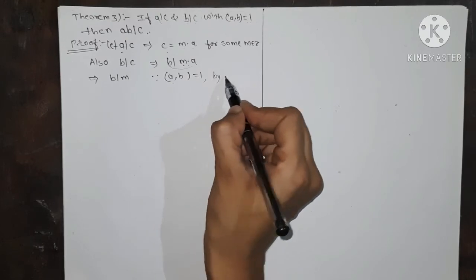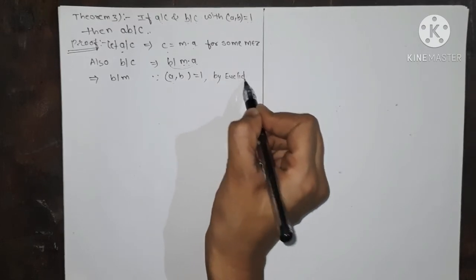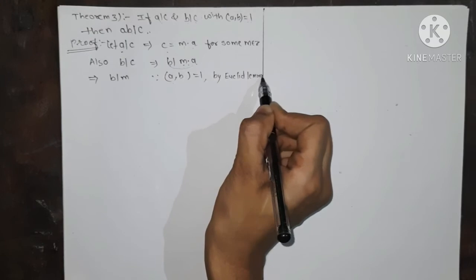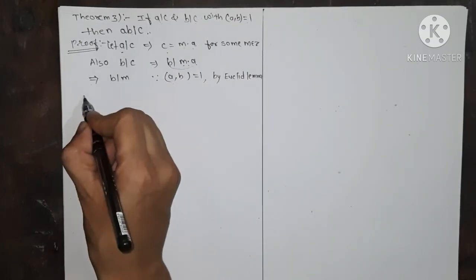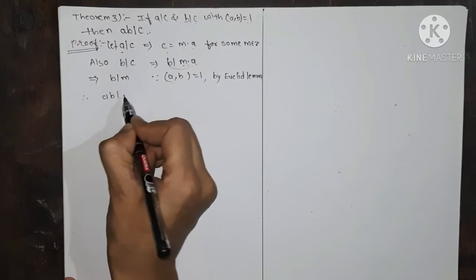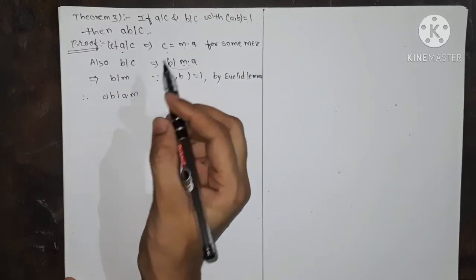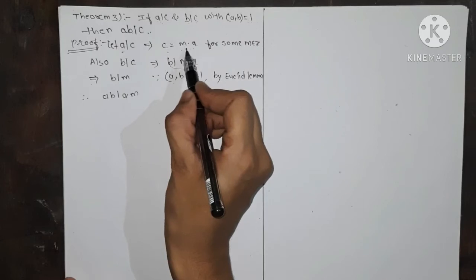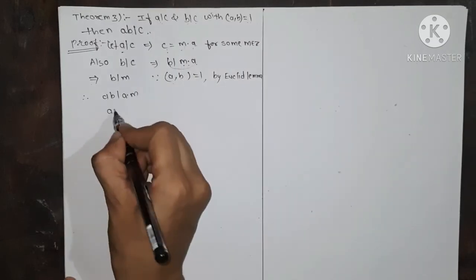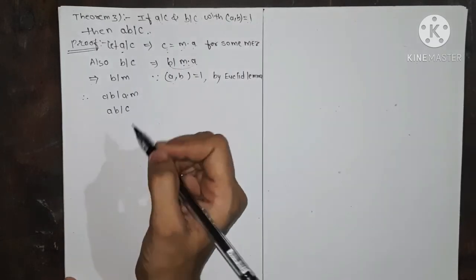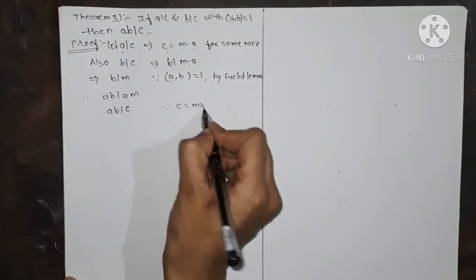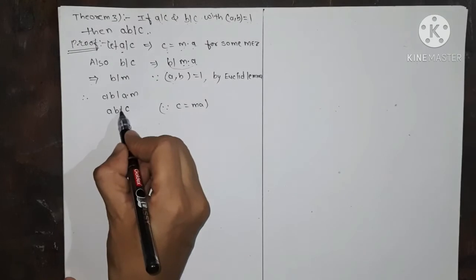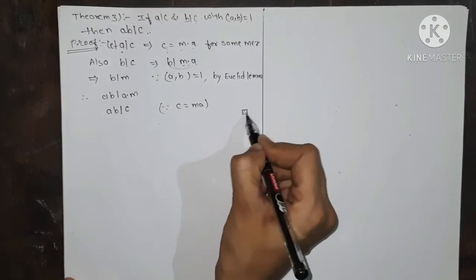Therefore, by Euclid's lemma, B divides M. Therefore, A into B divides A into M. And A into M is nothing but our C, that is AB divides C, since C is equal to M into A, and hence we get the result, hence the proof.